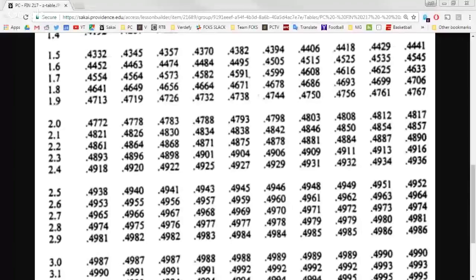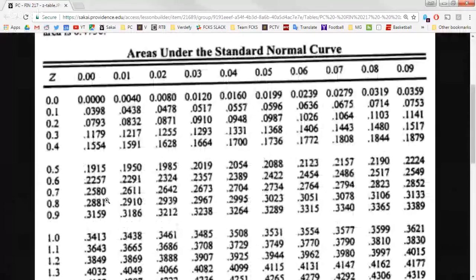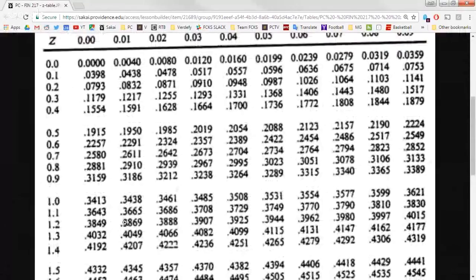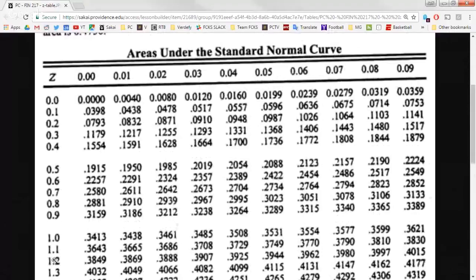There we go. All right, so there's our table. That's too close. 1.2, 0, 1, 2, 3, 4, 5. And there's my 0.05 at the top. So 1.25 gets me an area of 0.3944. And that's the area of 0.3944. That's the answer to question number 3B.